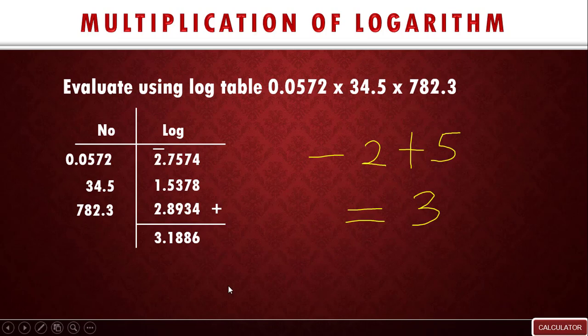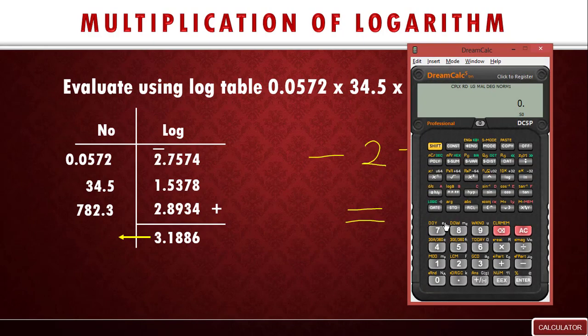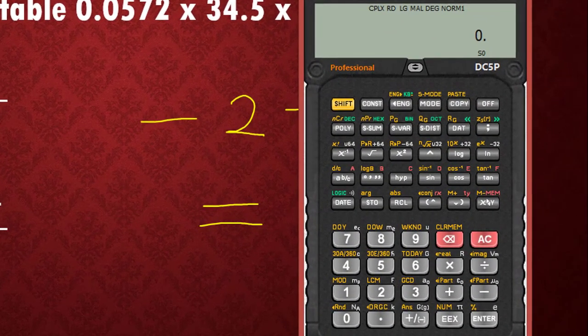Okay, the next thing for us to do now is to determine the antilog. Let's find our calculator. If you look at the antilog, the 3 is greater than 1, so that means we can determine it directly.